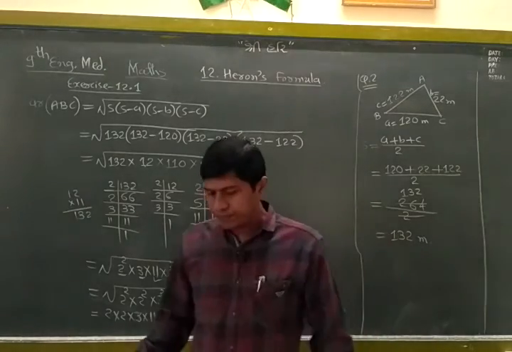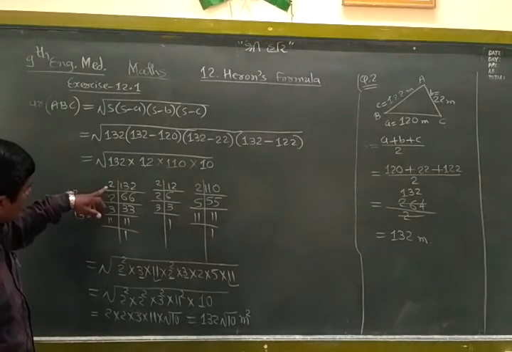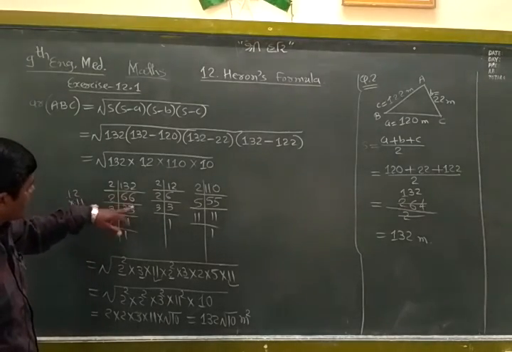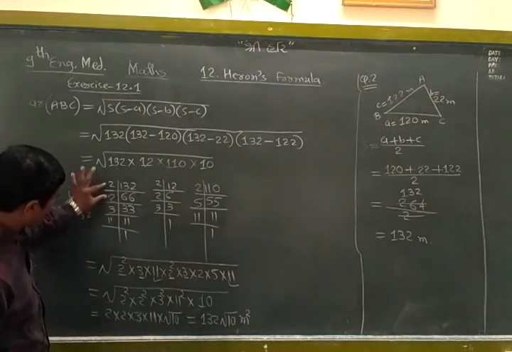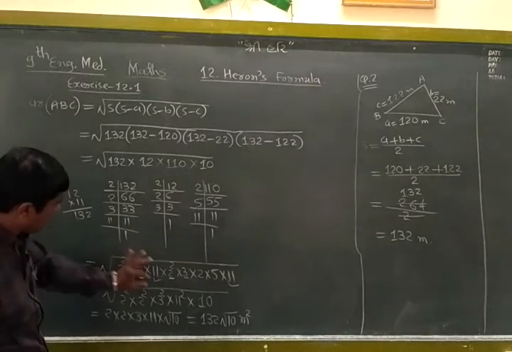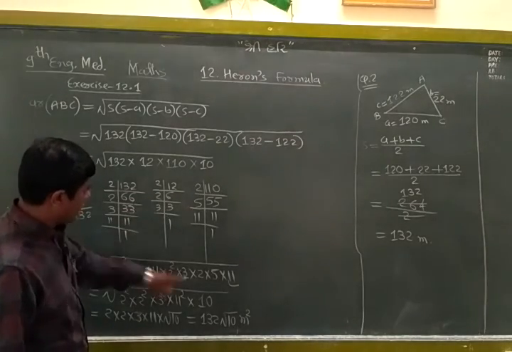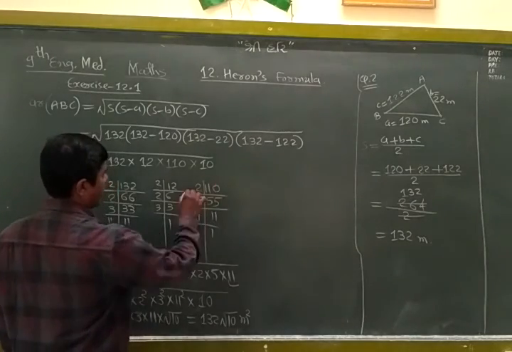So here you saw the factorization of 132. So we get 2 sixes are 12, 6 twos are 12, 2 thirty-three, 3 elevens. Okay, so 2 square, 3 and 11. 12 is 2 square and 3. 110 remaining here.